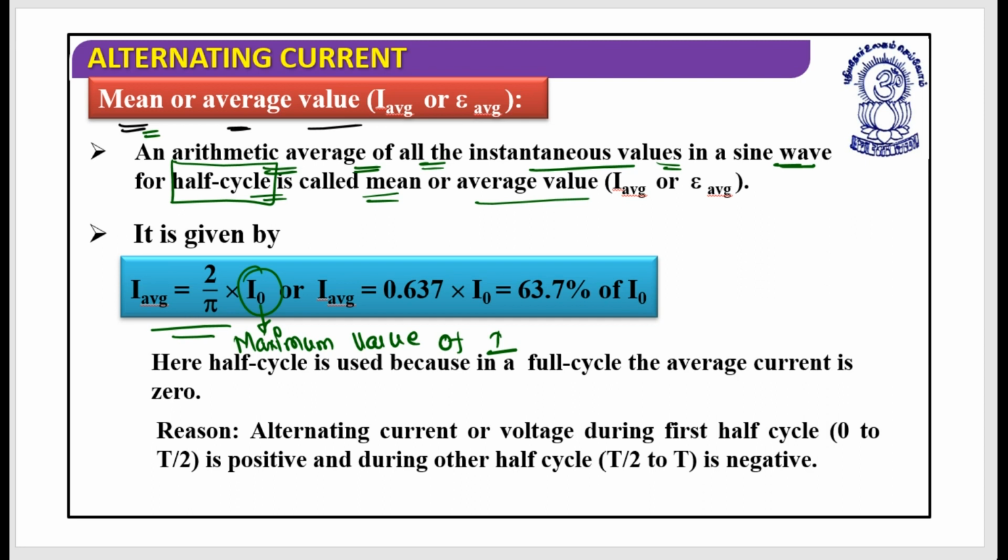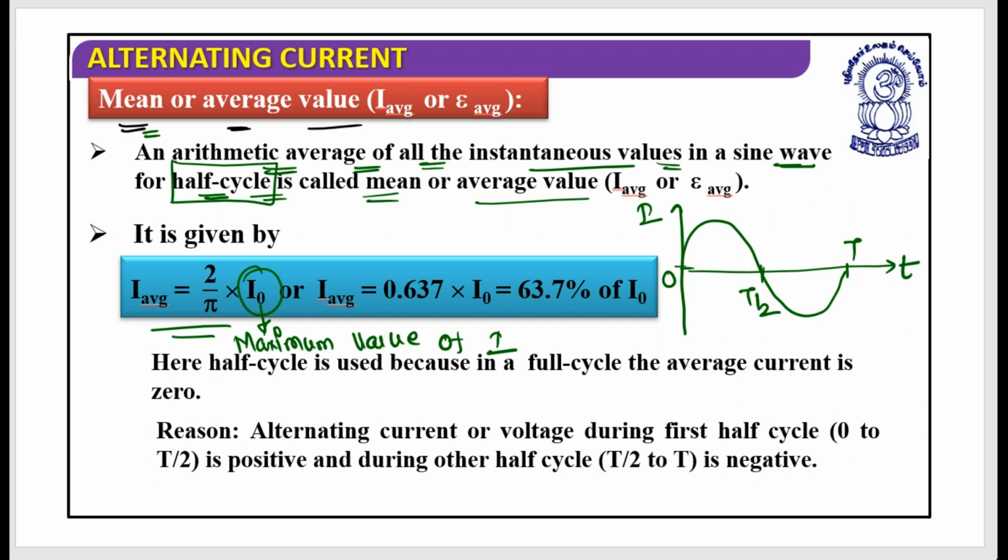Now let's understand we have this sine wave. This is 0, this is T by 2, this is T, this is I, this is t. Why have I chosen only the half of the cycle?